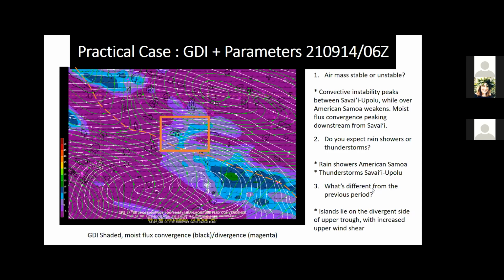The main difference from the previous period, notice that the trough is almost on top of them. So now you have max heating, moist flux convergence, everything indicating that you should be seeing an increase in convective instability.